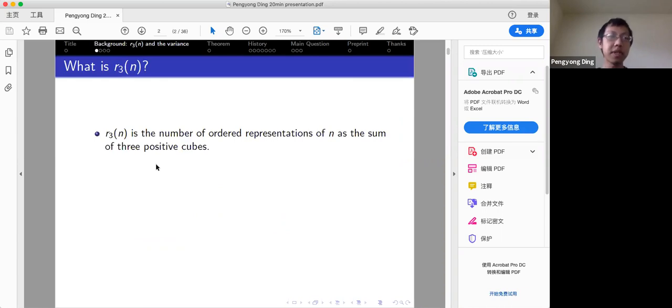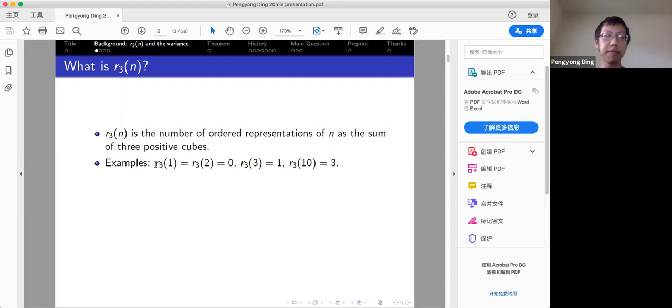The first question is, what is the function R3 of n? R3 of n is defined as the number of ordered representations of n as the sum of three positive cubes. For example, R3 of 1 and R3 of 2 equal 0, because there's no way to write 1 or 2 as the sum of three positive cubes. Although we can write 1 as 1 cubed plus 0 cubed plus 0 cubed, 0 is not positive.